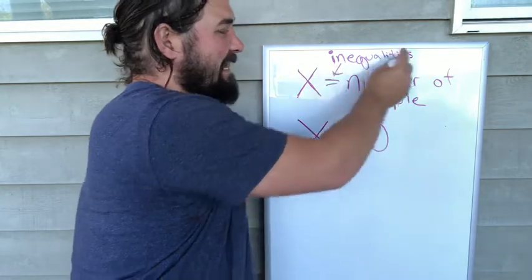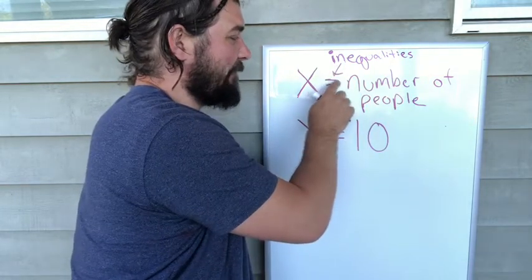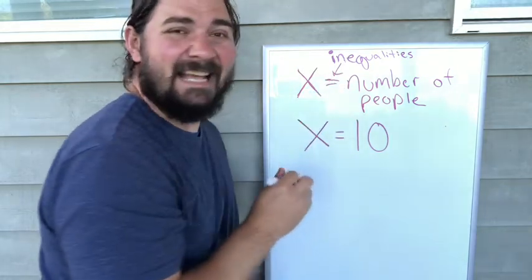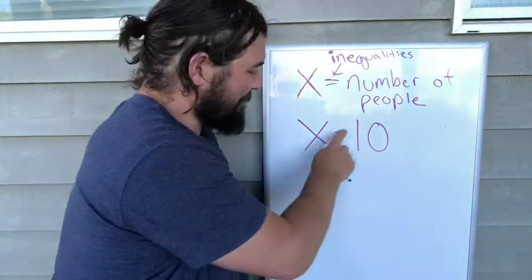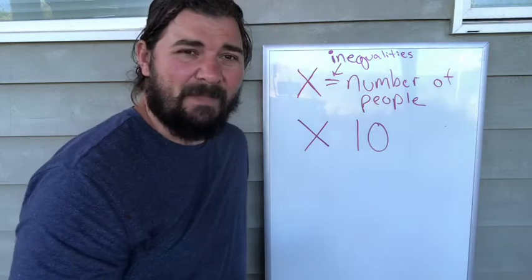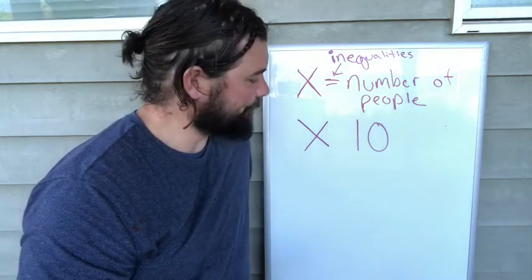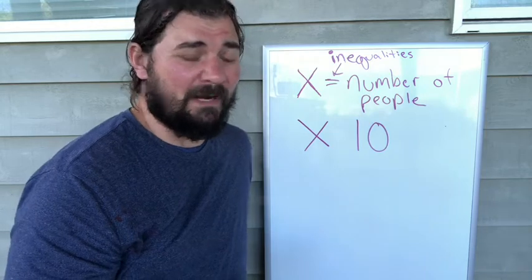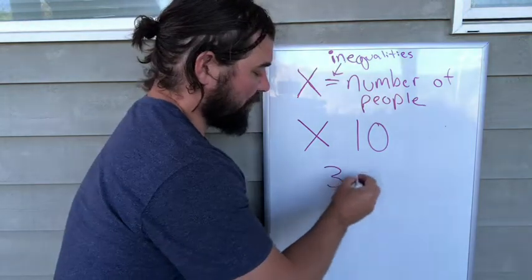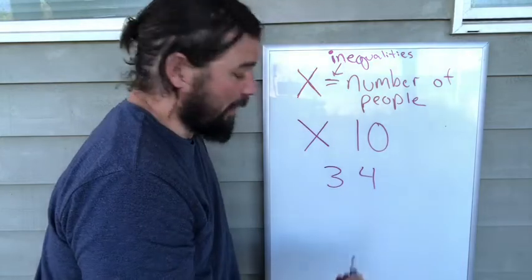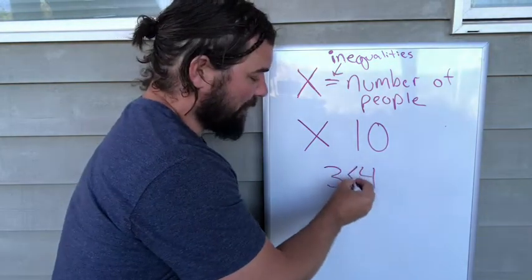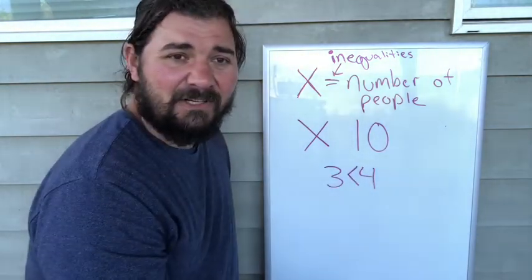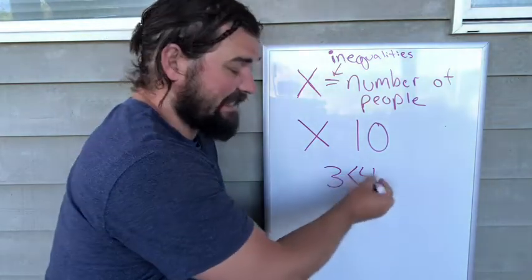So here I've got inequalities instead of equal signs. Not equal. So I'm not going to use an equal sign here. I'm going to use something else. You've probably seen these symbols before when we compared things like 3 and 4. Well, 4 is greater than 3, or 3 is less than 4.